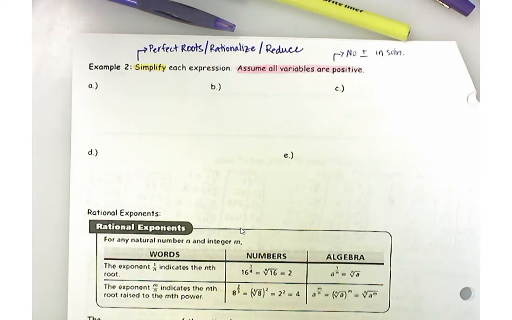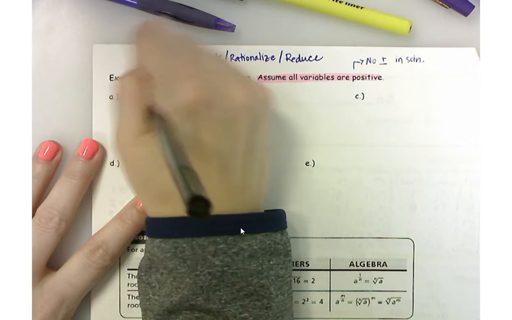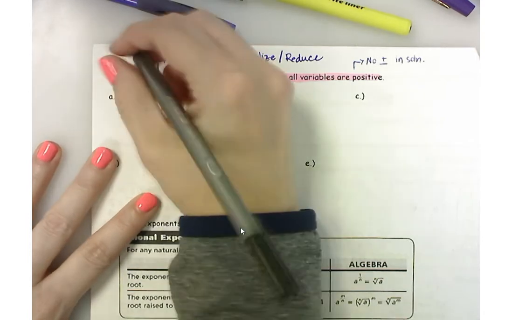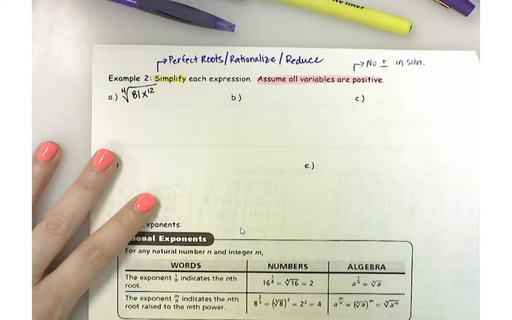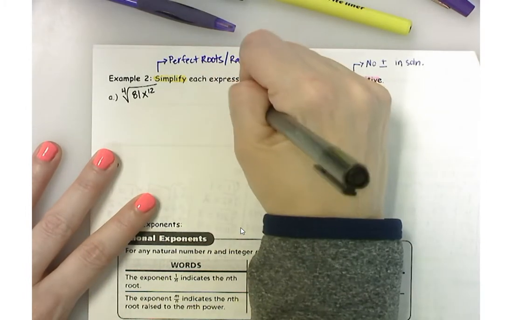So you can see these have a mixture of numbers and variables. Okay, so what we're going to think about is the number and then the variable separately. Okay, so we have the fourth root of 81.